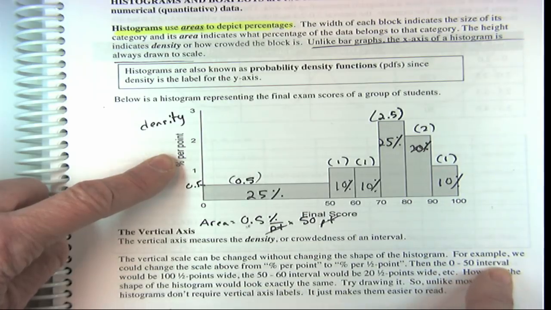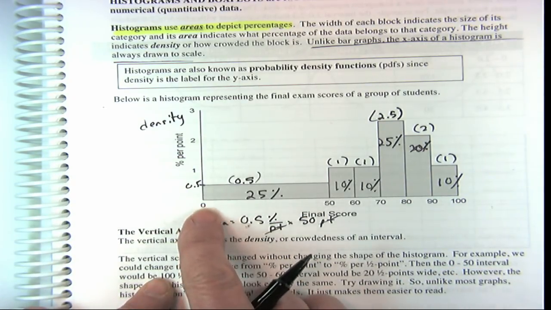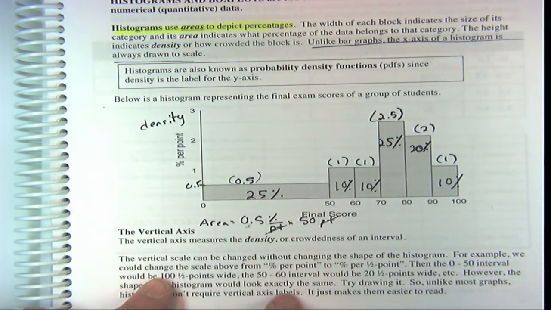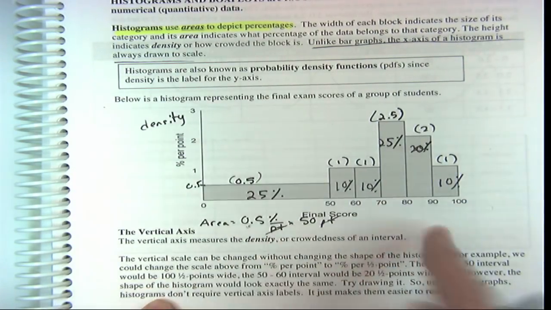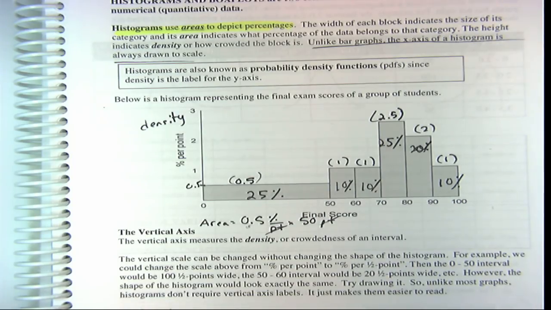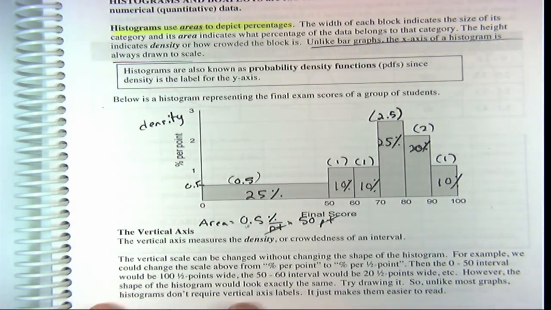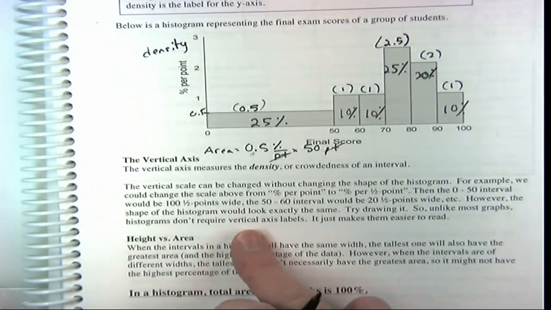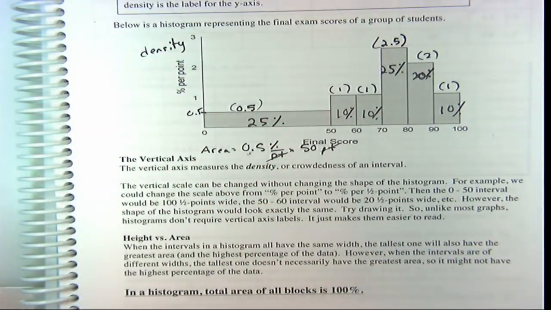Then the 0-50 interval would be 100 half points, and the 50-60 would be 20 half points, but that would look exactly the same. So unlike most graphs, histograms don't require a vertical axis label, so often you won't see them. It just makes it easier to read.